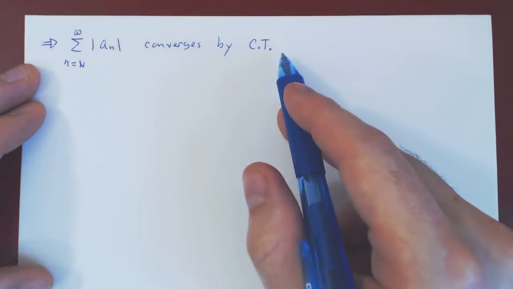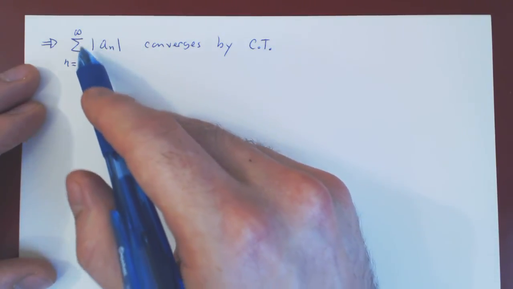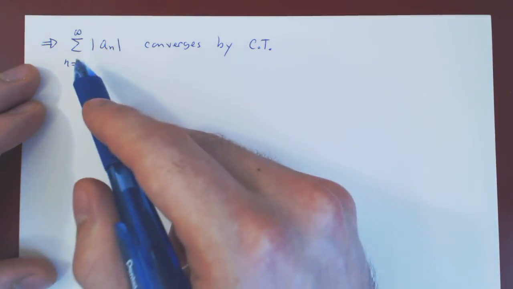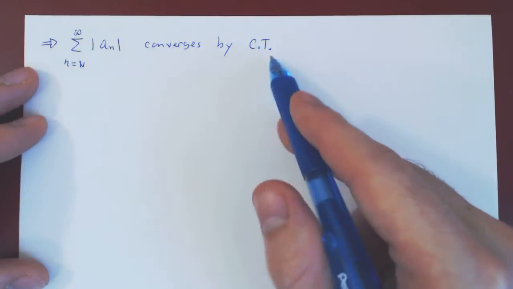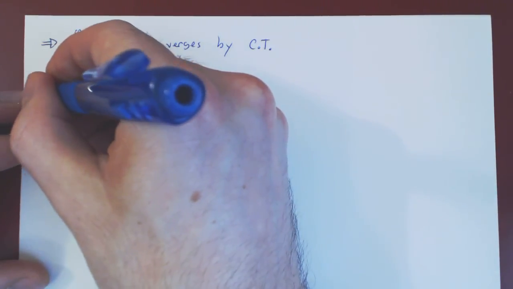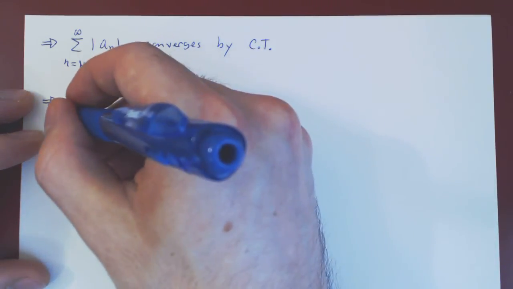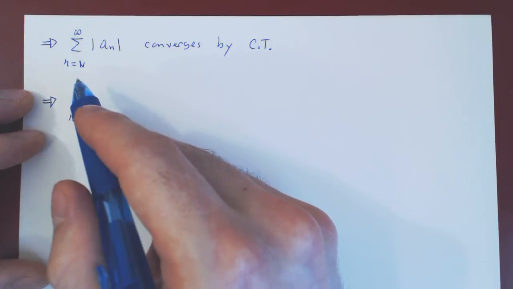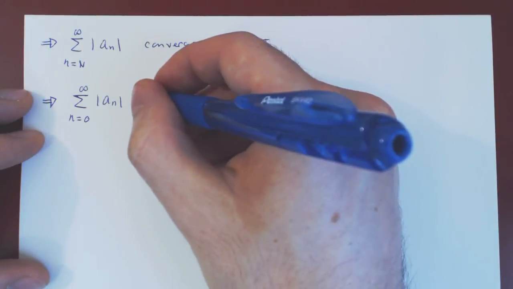But if you think about it, this is the series of |a_n| from uppercase N to infinity. So all we are doing is ignoring the first few terms of this series. So if this series converges, we can of course add in the initial few terms, from 0 up to N, and the full series must also converge.